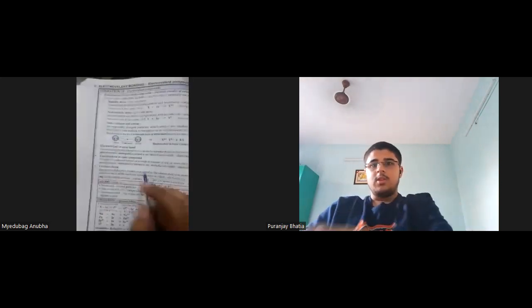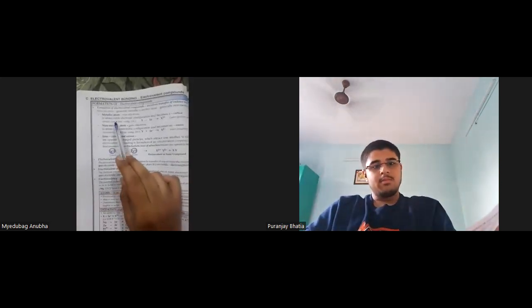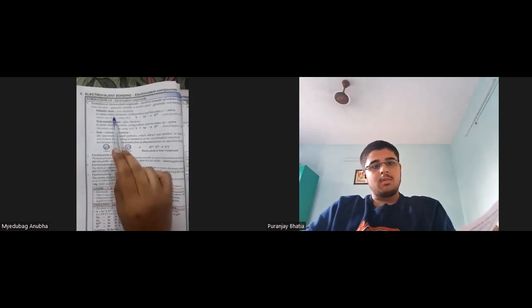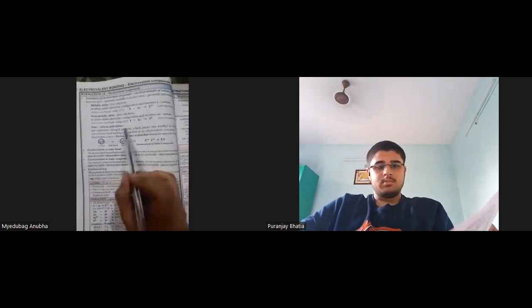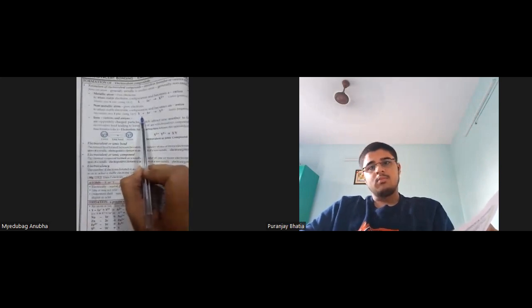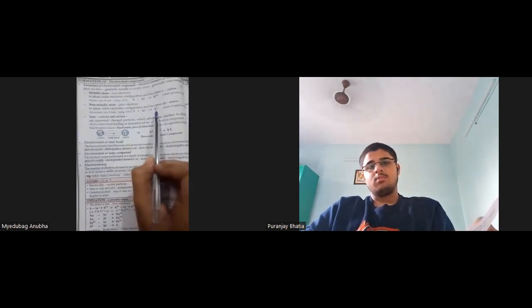Ma'am, tomorrow, could you also explain page 24, that electrovalent bonding, once again? Okay, page number 24. Yes, I can explain it. In this, I've explained the metallic bond. Metals generally tend to lose 1 electron, the outermost electron, whatever they are carrying. Non-metals generally tend to gain electrons. That's why it is shown with the plus sign, and here with the minus sign.